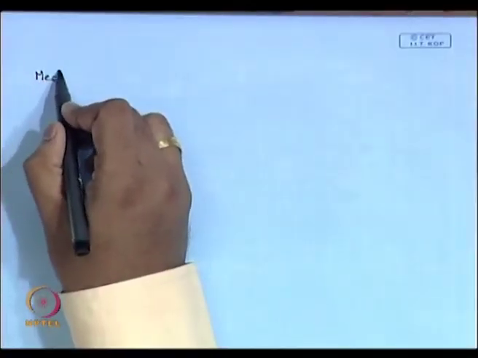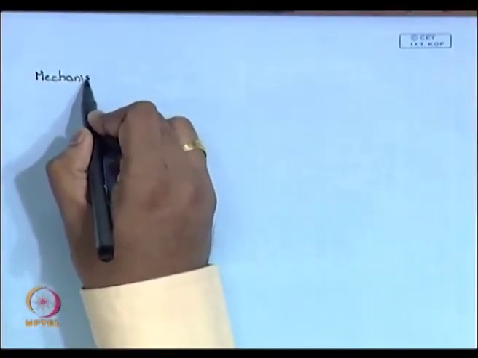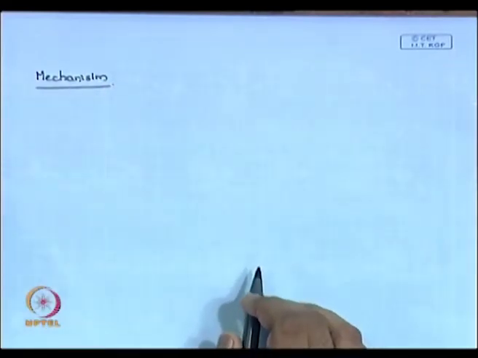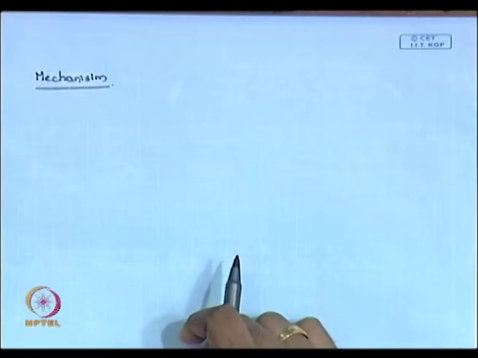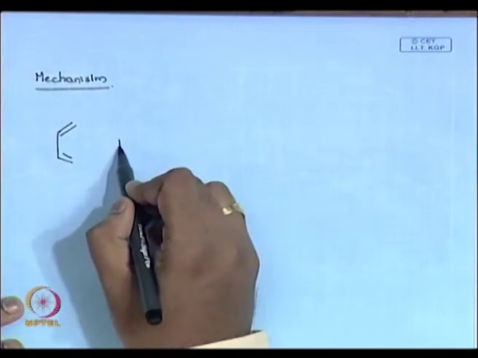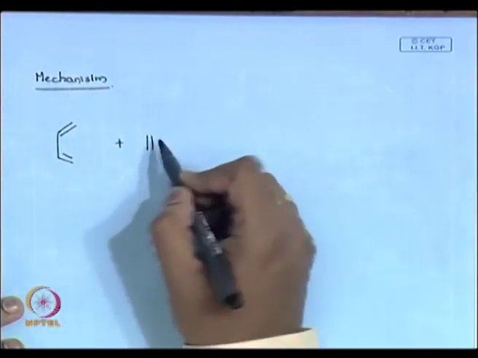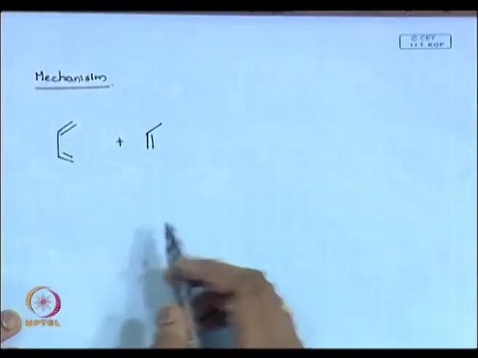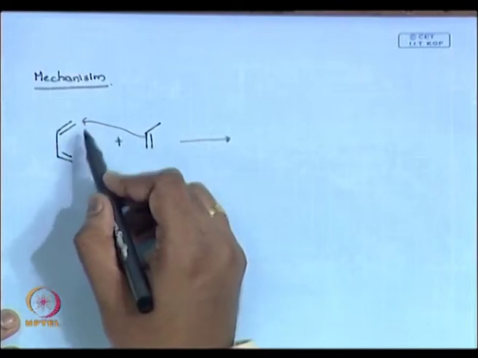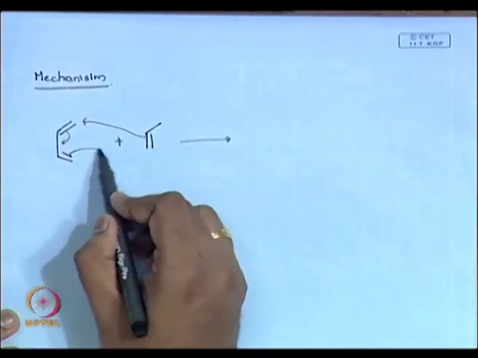So now let us understand the mechanism of the Diels-Alder reaction. It is a proper pericyclic reaction, very concerted.